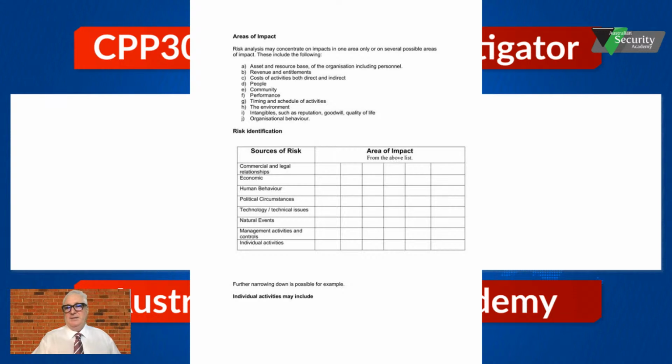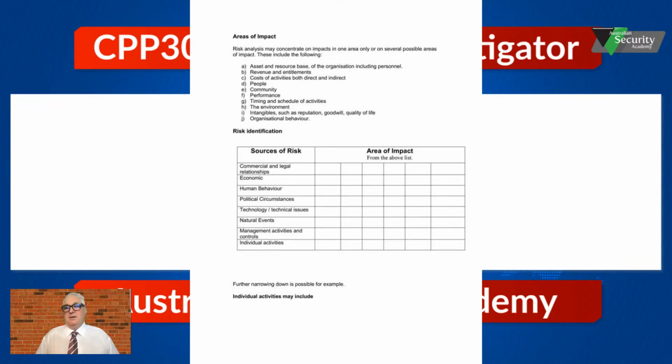The area impacted by those risks may include asset and resource base of the organisation, including personnel. Assets could be stock, could be office furniture, could be IT and computers and servers. Revenue and entitlements. So, for example, if it's a retail shop, the revenue goes in the cash register.